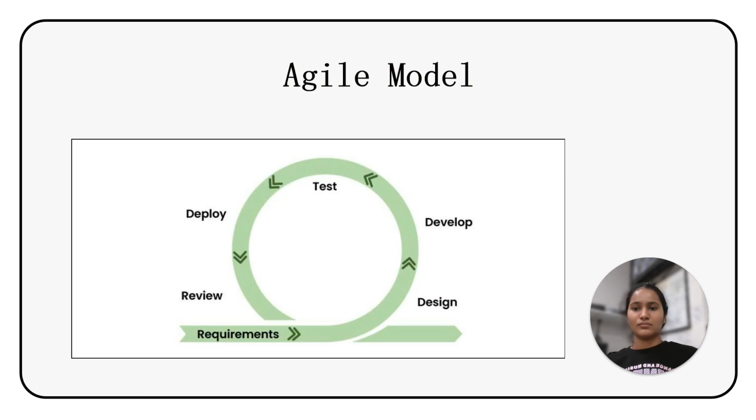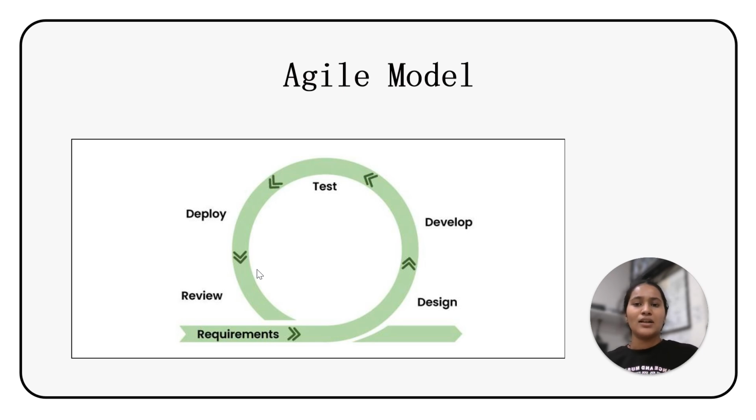In earlier times, the iterative waterfall model was used to create software, but in today's time, developers have to face many problems. The biggest problem is that in the middle of software development, the customer asks to make changes in the software. It takes a lot of time and money to make these changes, so the Agile model came into use.